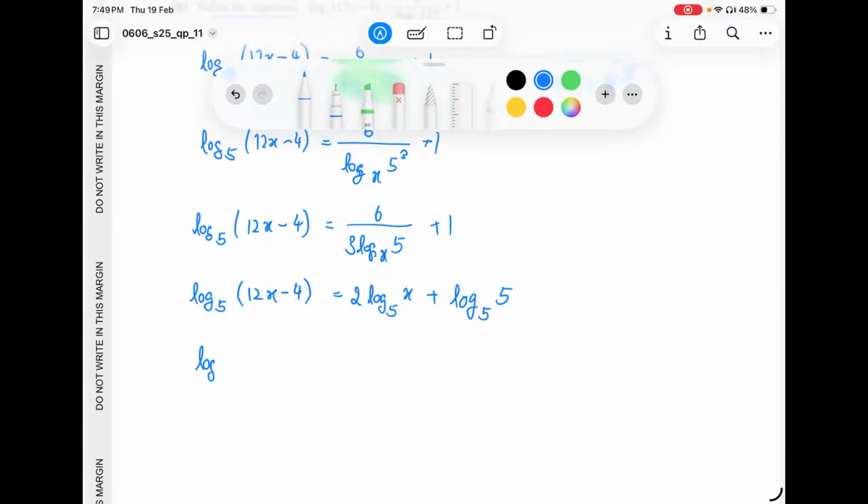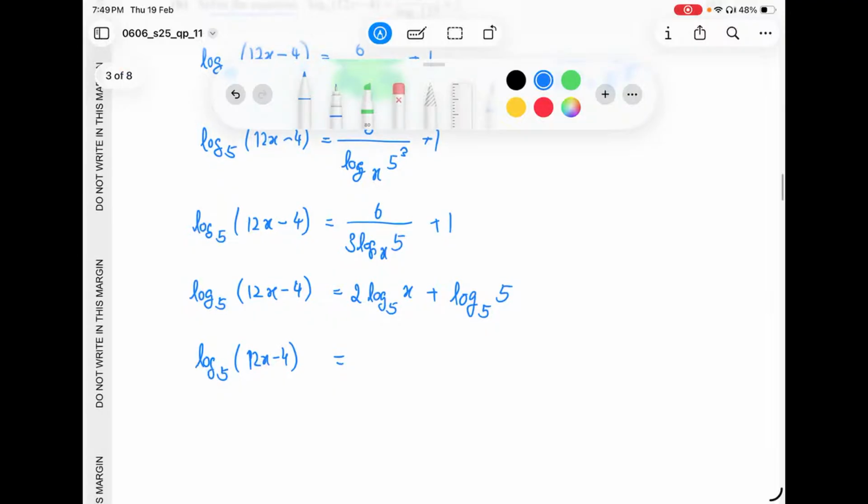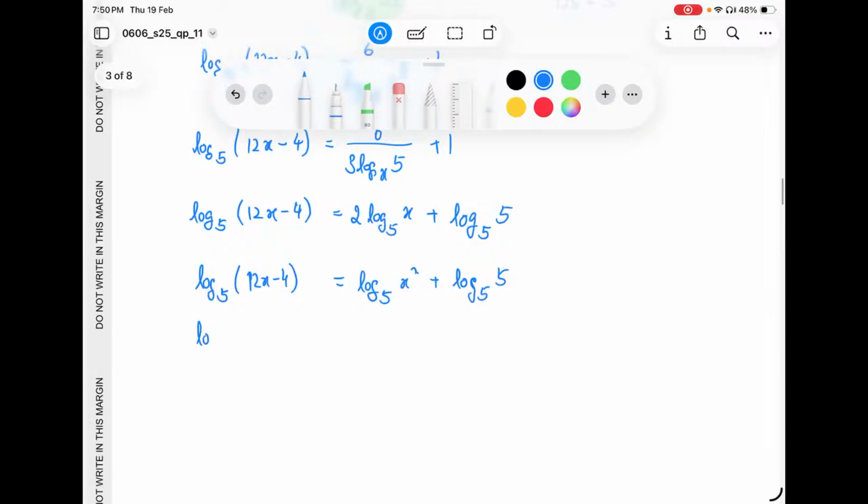And now we will have log 5 of 12x minus 4 equals, okay, now we can make this log 5 of x squared plus log 5 of 5, and again log 5 of 12x minus 4 equals log 5.